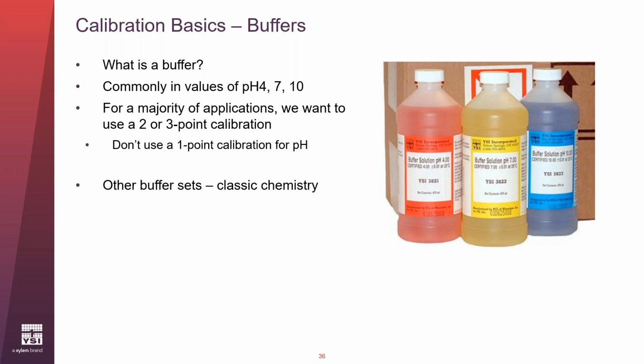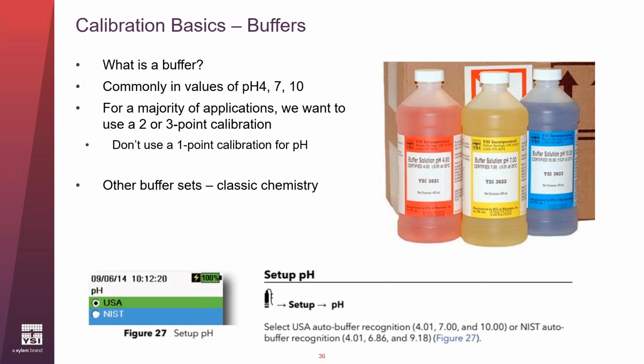There's other buffer sets too. You don't have to use 4, 7, and 10. You may see some other buffer sets in software for selection that have unusual values that are not whole numbers. A lot of them are historical throwbacks to when it was easier for a chemist to make up a specific recipe for a pH buffer than it was to get a nice even number as the pH value.